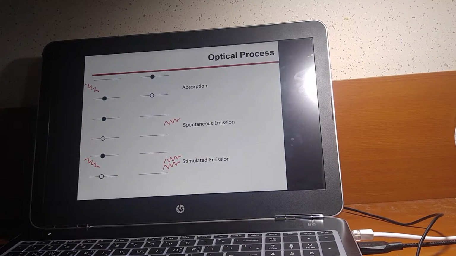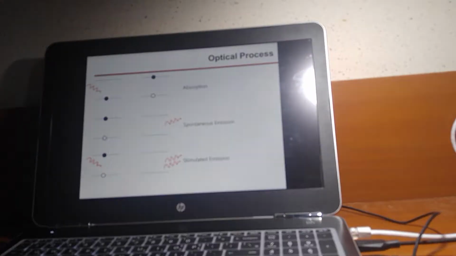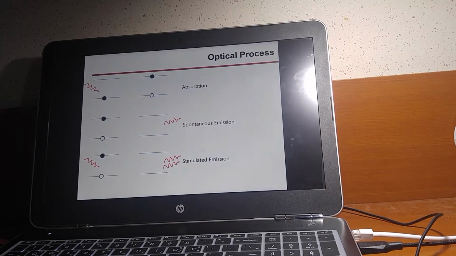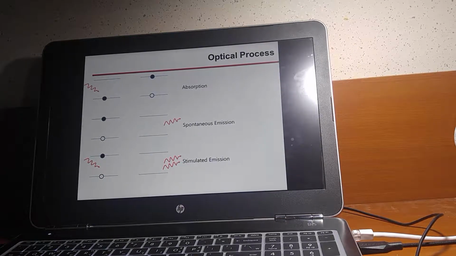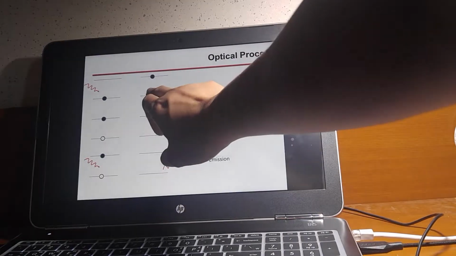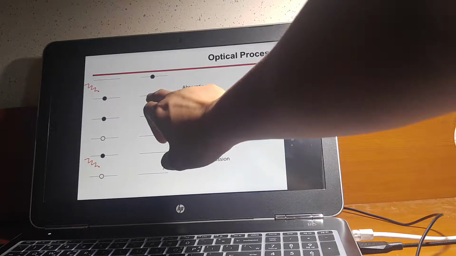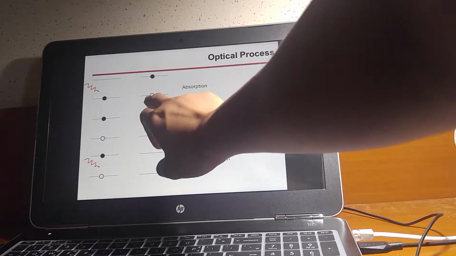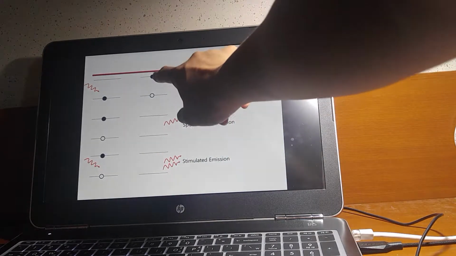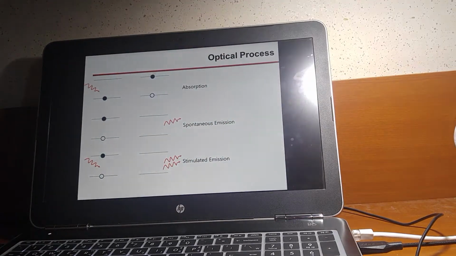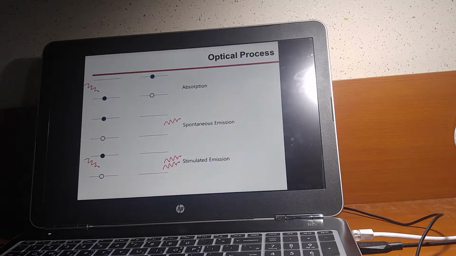And for optical process, for the absorption step, the carrier absorbs energy, and it will jump to the conduction band, like being excited.